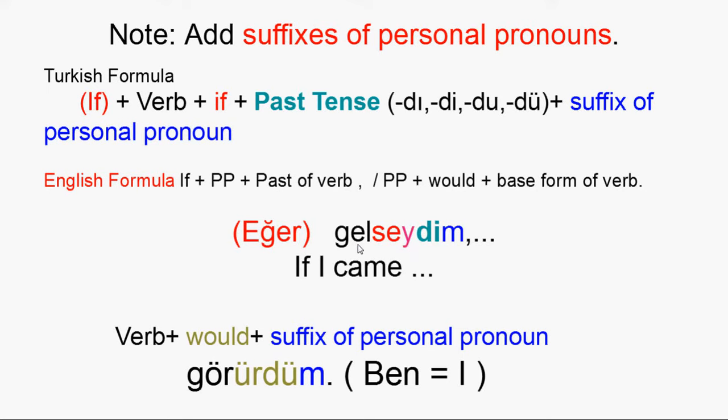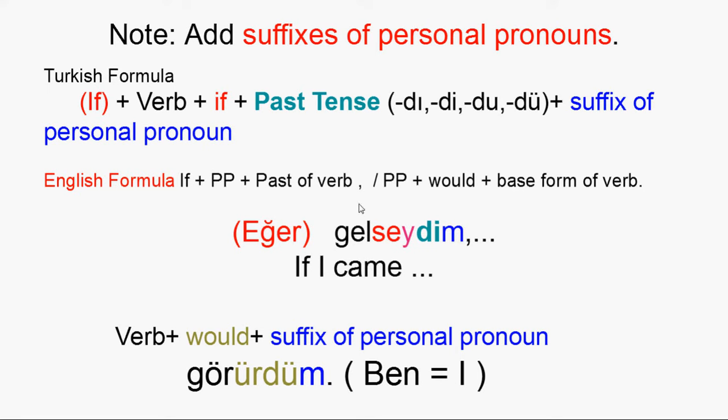Gelseydim. D is the suffix of past tense, so that's why we use this E: there is I in English, here there is E, that's why there is a connection. After that we put the personal pronoun am, which means I, so that means if I came.